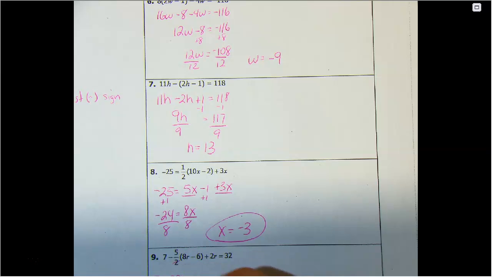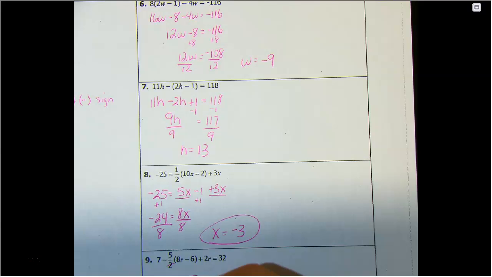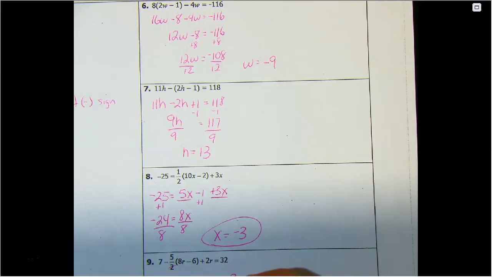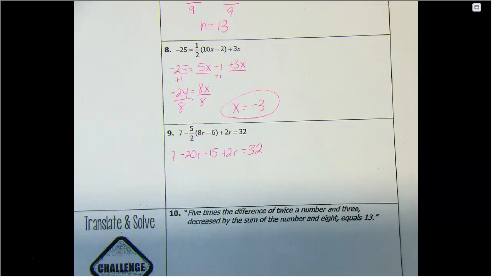Another way to get to the same answer. So 5 times 6 is 30, but then half of 30 is 15. So that's going to be a positive 15. We've got a positive 2r sitting there equals 32. And I realize that I'm off the screen, and that doesn't do you much good.